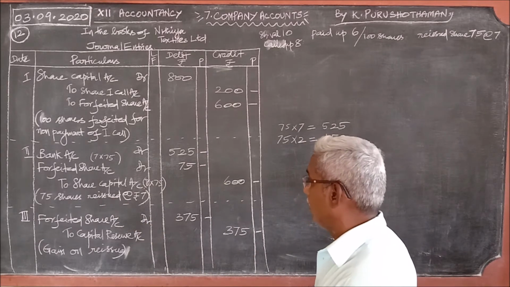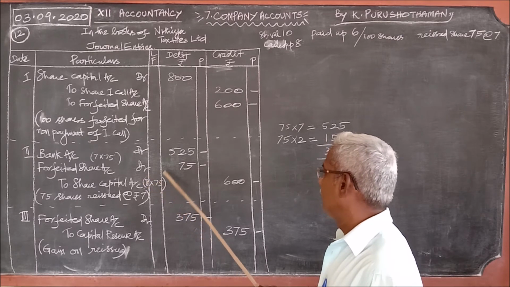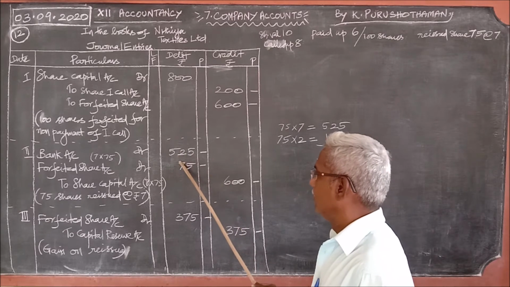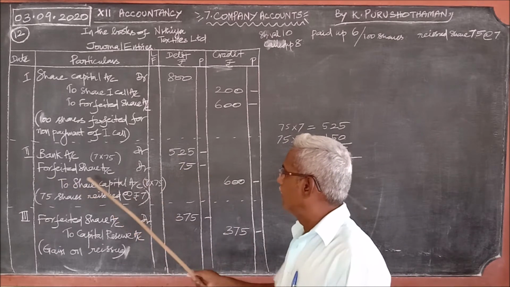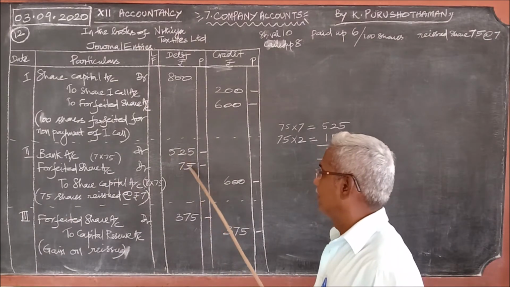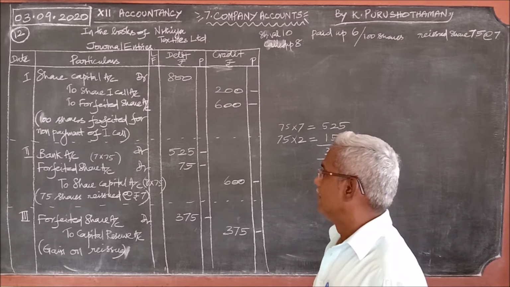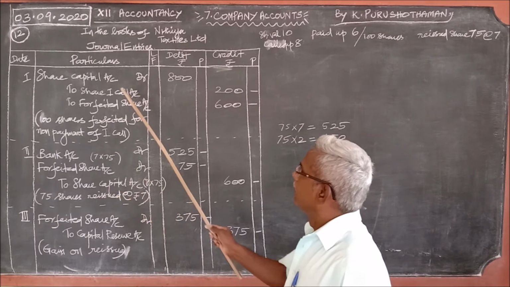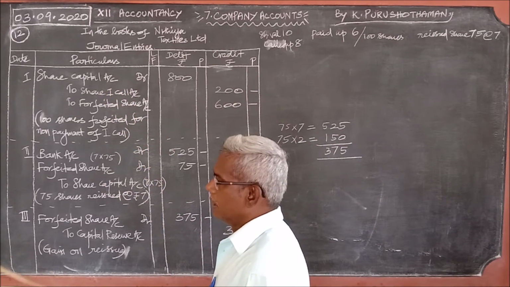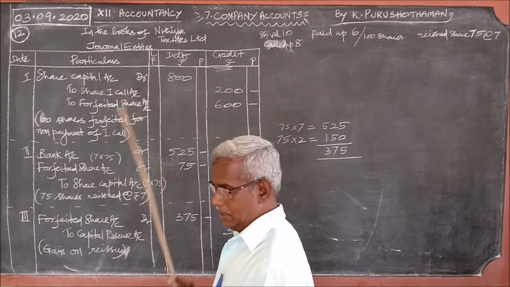But what is the called up amount? At the rate of 8 rupees, therefore 8 into 75, 600. And therefore the balancing figure for the debit should be written under the forfeited share account, which is 75. Now there may be some changes in this. If it is first call, share first call account. If it is first and final call combined together, share first and final call.